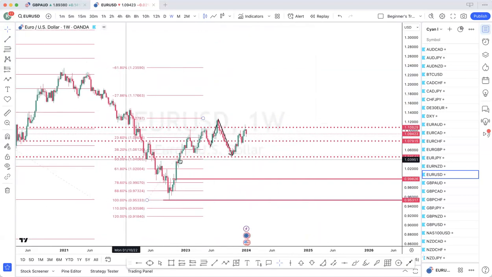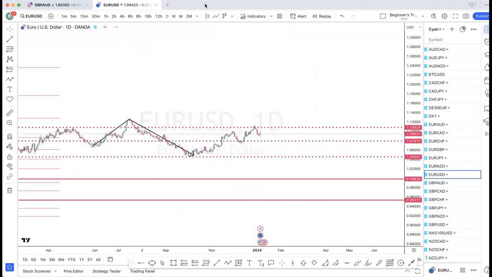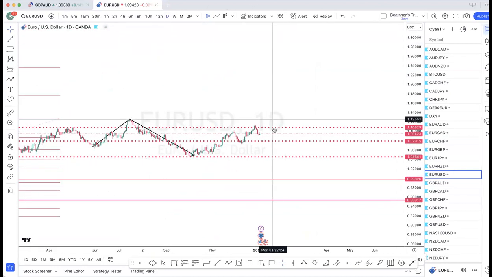So if we broke, I'm gonna leave my fibs just so I can know where I am. So like I said, if we go down to the daily, we go down to the daily.